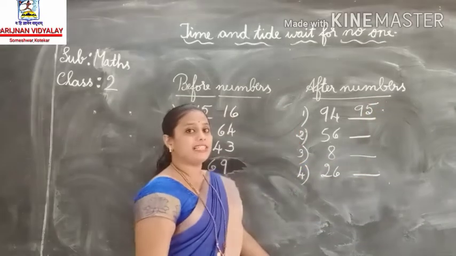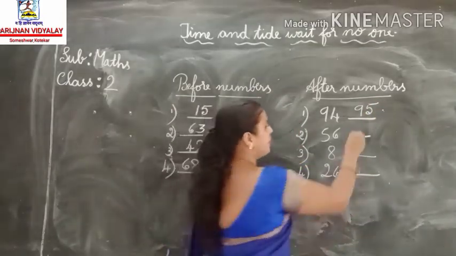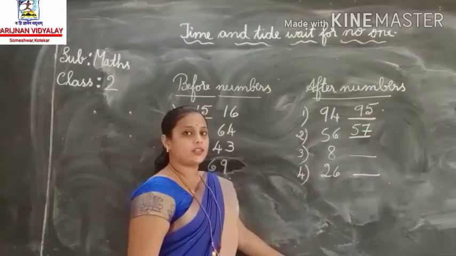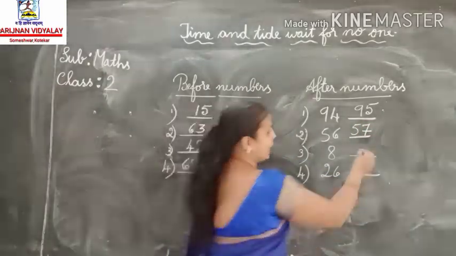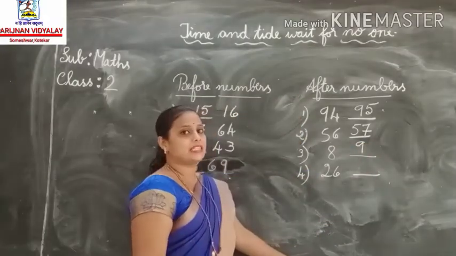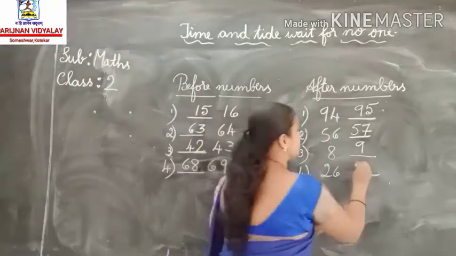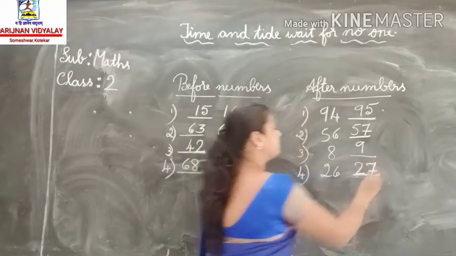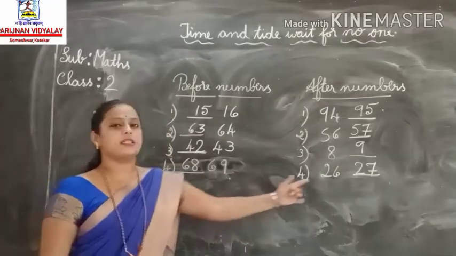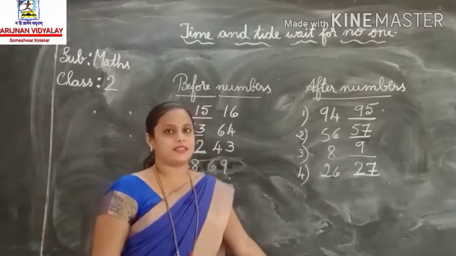Then after 56, good, 57. Which number will come after 8? After 8 is 9. Which number will come after 26? Very good, it is 27. Hope all of you revised before numbers and after numbers.